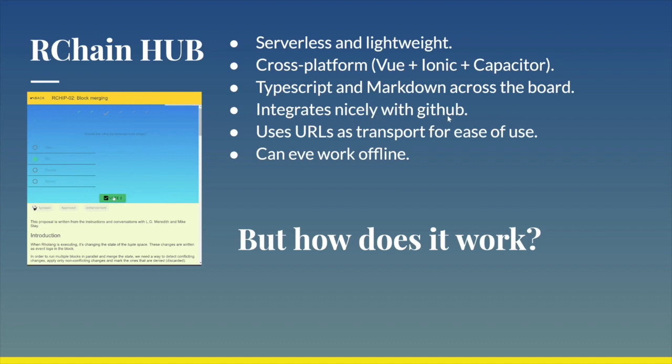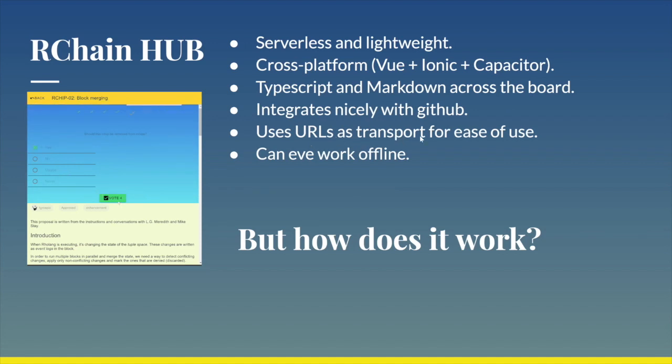It integrates nicely with GitHub. As you can see, there is text that's being rendered from GitHub issues. Every poll is tied to a particular issue on GitHub. That's how it works right now.